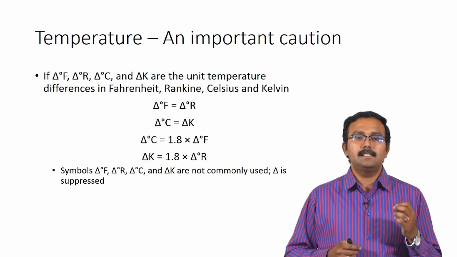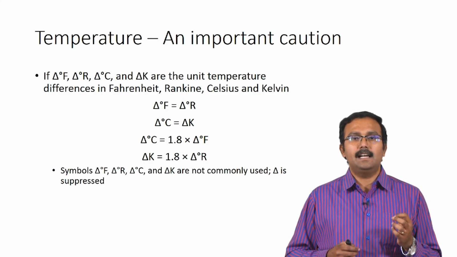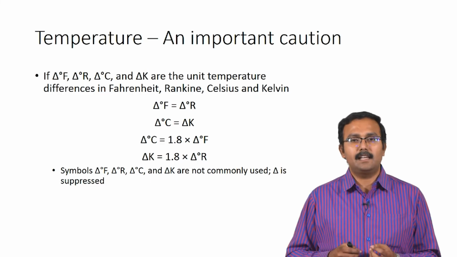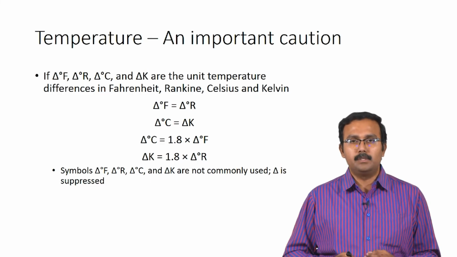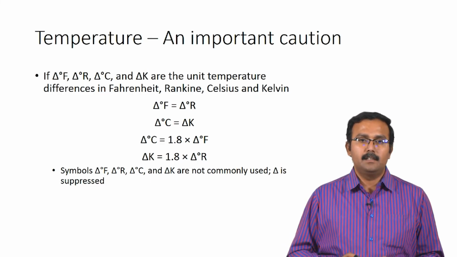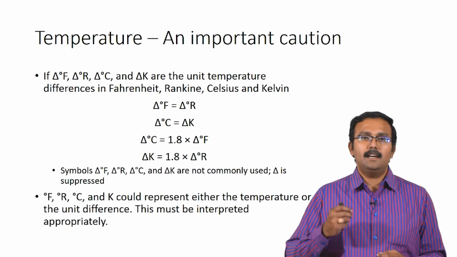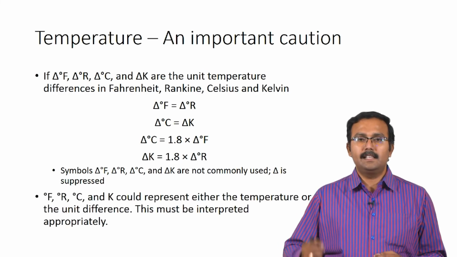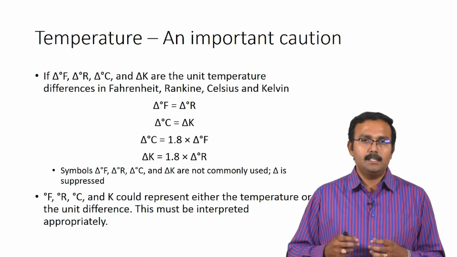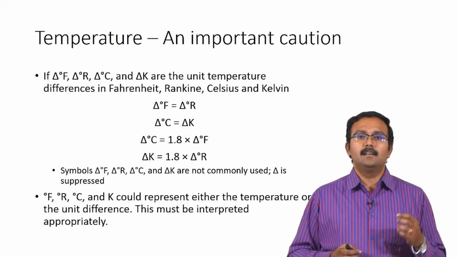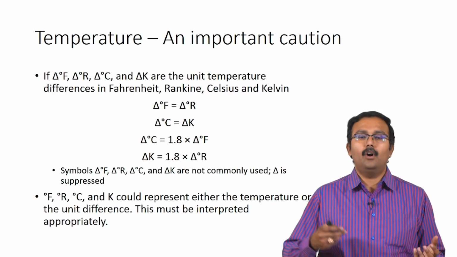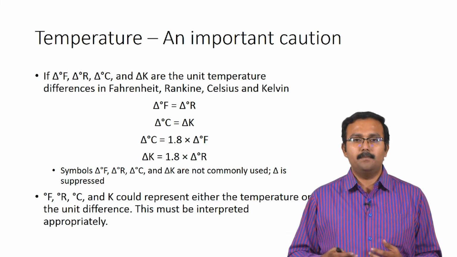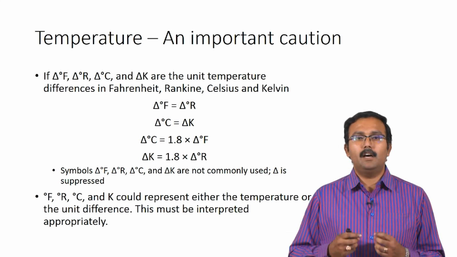However, the symbols delta degree Fahrenheit, delta degree Rankine, delta degree Celsius and delta Kelvin are not commonly used. The delta is suppressed. So, this means degree Fahrenheit, degree Rankine, degree Celsius and Kelvin, which are used in the units, could either represent the actual temperature or the unit difference in temperature, and this must be interpreted appropriately.